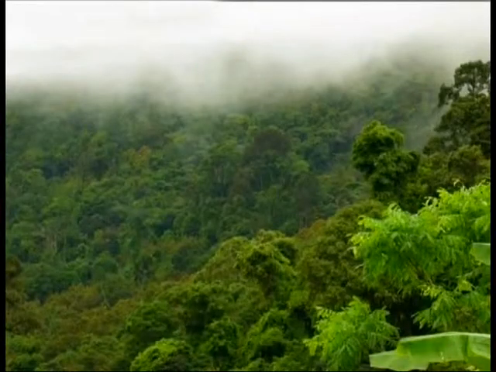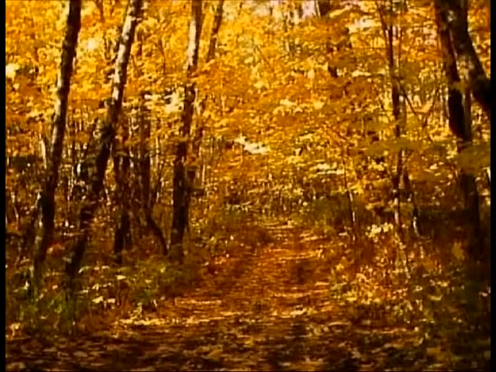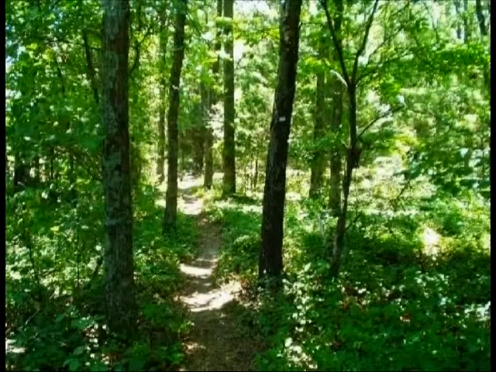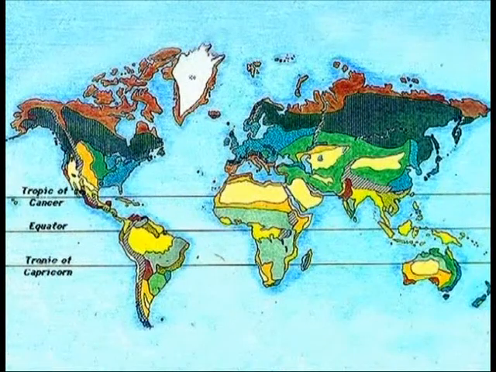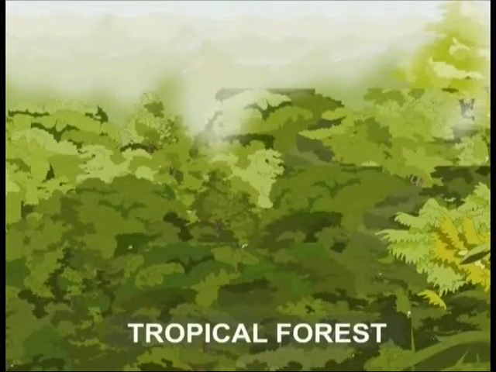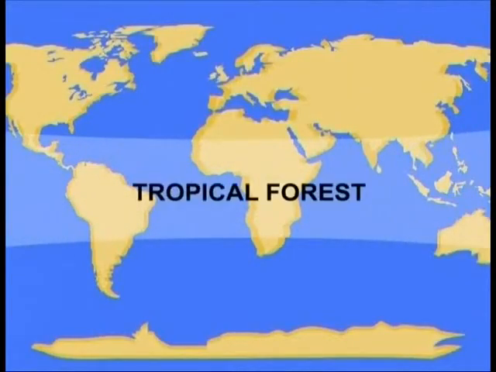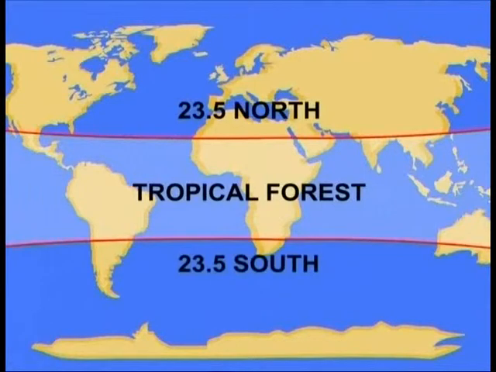The forest biomes are largely classified according to the seasons, and they mainly depend on the type of climate. Today, the three major types of forests that inhabit the Earth and are classified according to the latitude are tropical forests. These forests are spread across the tropical zone, 23.5 degrees north to 23.5 degrees south.